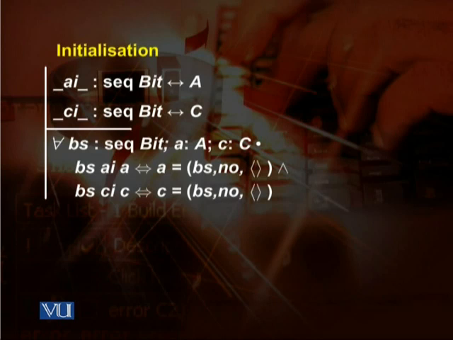In initialization, we say for every bit sequence, we have A, which is defined for data type A, and we have C, which is defined for data type C. We say bit sequence AI A is equivalent to A is equal to bit sequence, comma, no, comma, empty, and bit sequence CI C is equivalent to C is equal to bit sequence, comma, no, comma, empty.